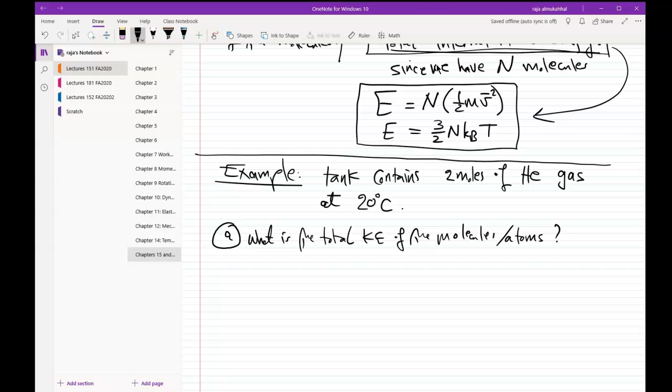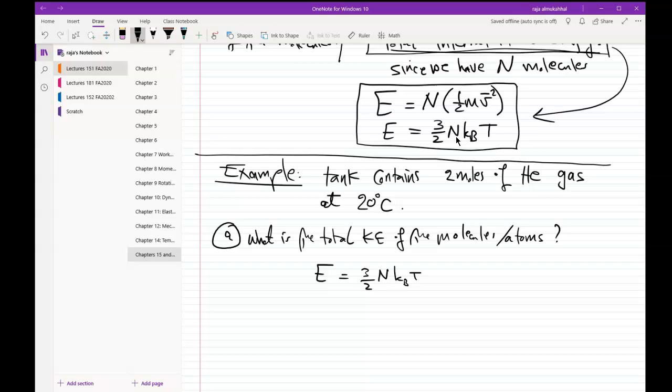So how do we calculate that? Well, here is the formula right here. The one that is probably more suitable for us is the second one. We only need to find the number of molecules here, but I'll show you a trick. We have E equal 3/2 capital N k sub B T. But watch this.